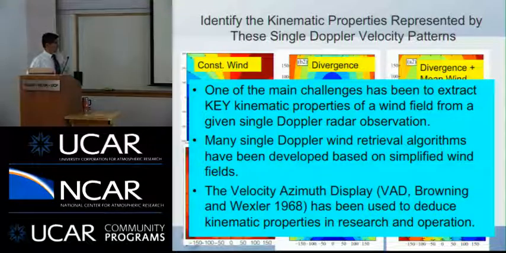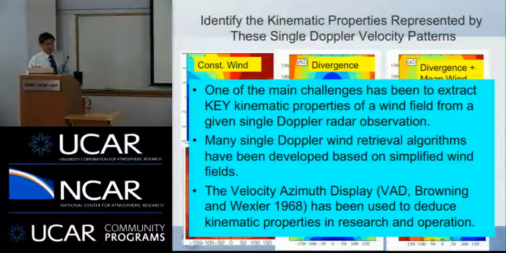One of the pioneers is the VAD analysis. The first paper appeared in the conference papers by Lhermitte and Atlas, but the journal paper version is by Browning and Wexler in 1968. This technique has been widely used in research and operational radar environments and has become a standard NEXRAD algorithm.